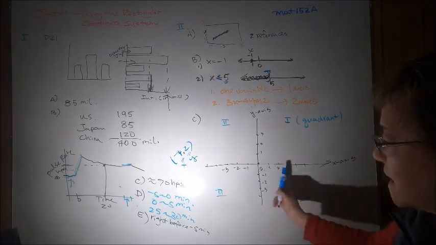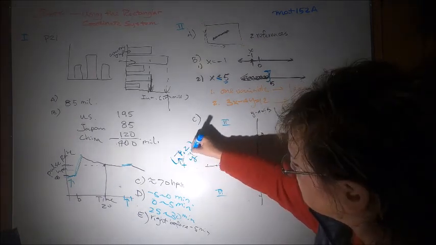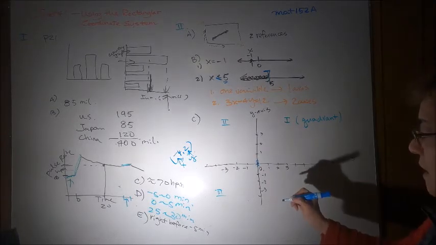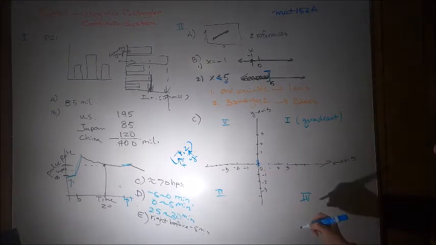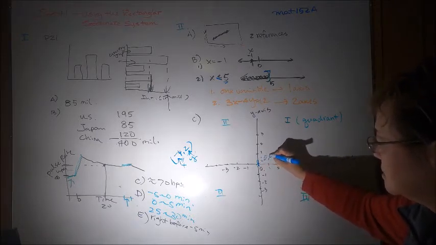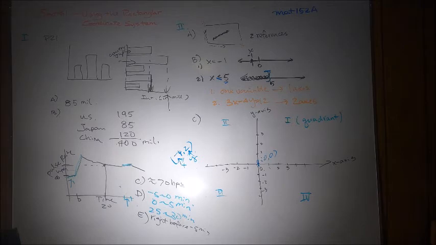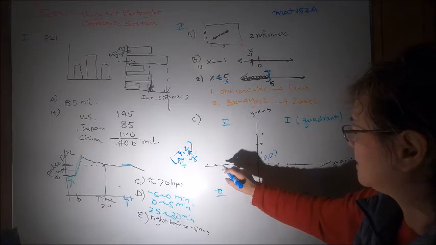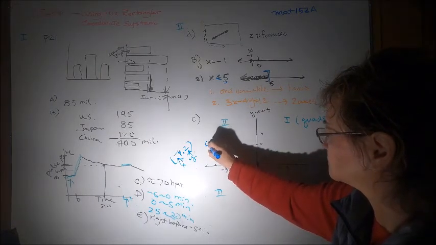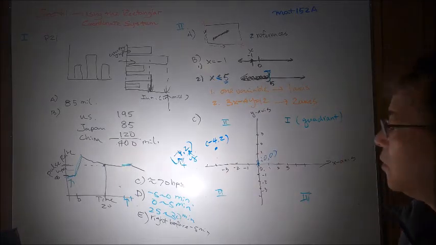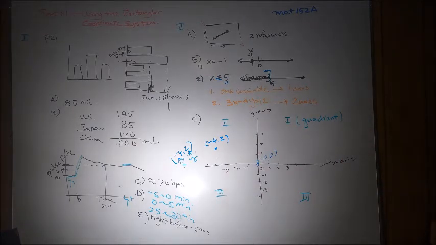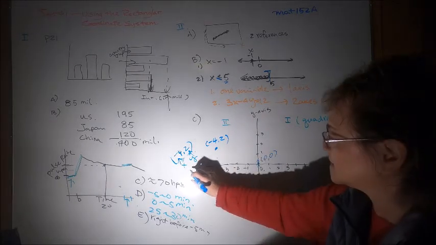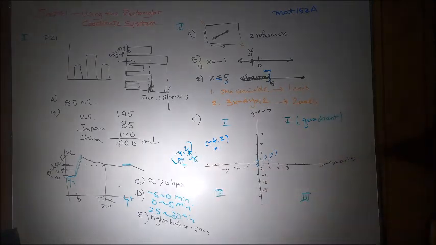So -4, you do x first. So x, you go left and right. You start from the center, right? In the center, the position would be x is 0, y is 0, right? You're not moving. Then -4, you go left, 1, 2, 3, 4. Then y jumps up and down right here. So which quadrant is it in? You would say second quadrant, right? So this one is the x coordinate, this is the y coordinate.